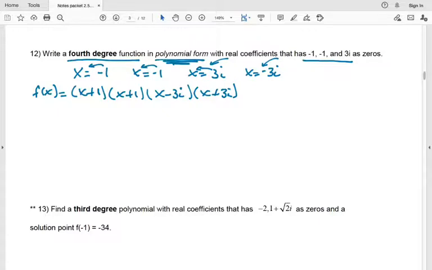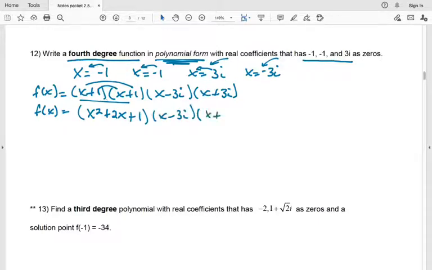All right, so I'm going to go ahead and multiply that out. I'm going to multiply these two first. You're going to do x times x, which gives you x squared, x times 1, and 1 times x gives you 2x when you combine those, and then 1 times 1 is 1. All right, I'm just going to rewrite these for now. Now, if you'll notice, these are a difference of squares. So that middle term is going to cancel out, but I'm going to go ahead and show my work. I'm going to leave the first one alone.